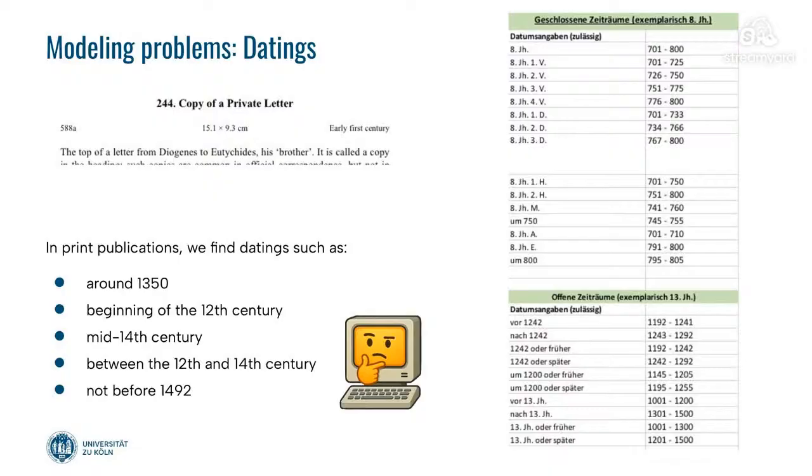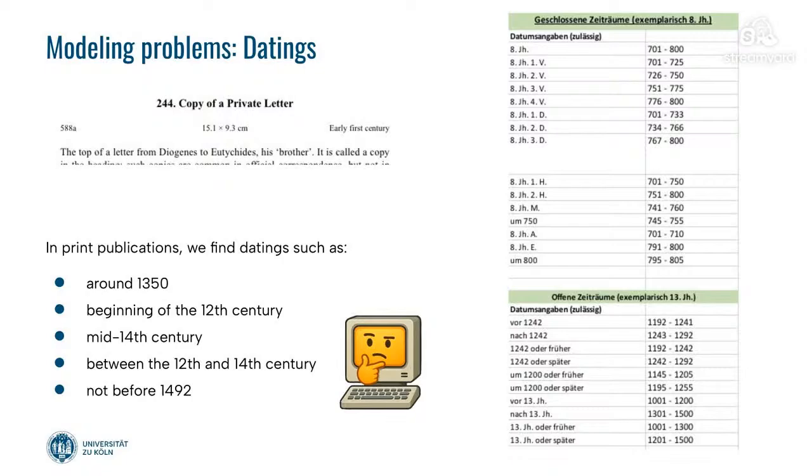So if we say around 1350, we know, okay, it's probably a range of 30 years around the year 1350. And then we can also argue why we think it's the way it is, because maybe of some event that is mentioned, or because we for sure know that it can't be before or after a specific date.